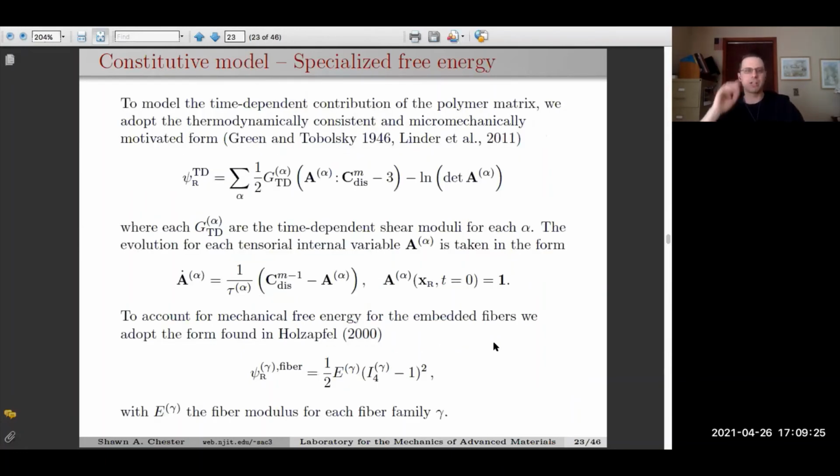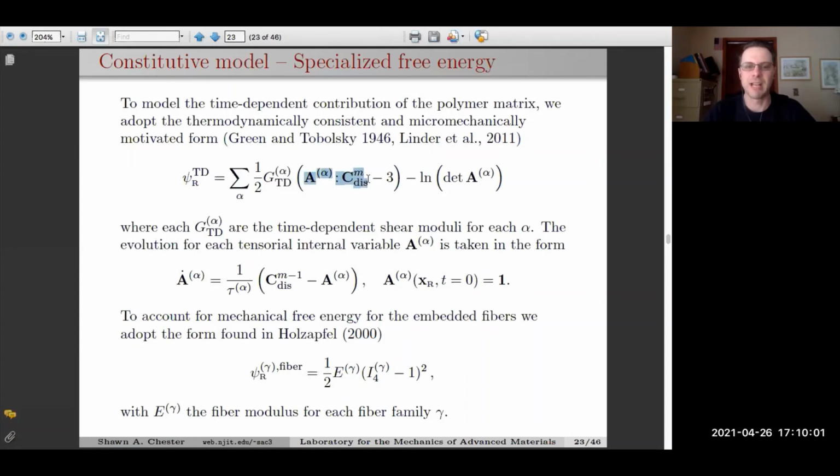So now we're going to turn our attention to the time dependent part. And from here, if I'm going to be totally honest, we started with a work by Christian Linder from 2011. They found an idea that's been floating around for a while, maybe not identically. And for the time dependent portion of the polymer matrix, it's a rather simple form. What you see here is a time dependent shear modulus.